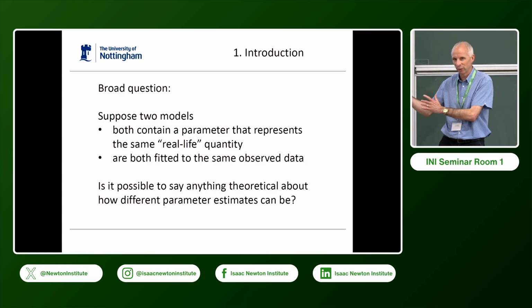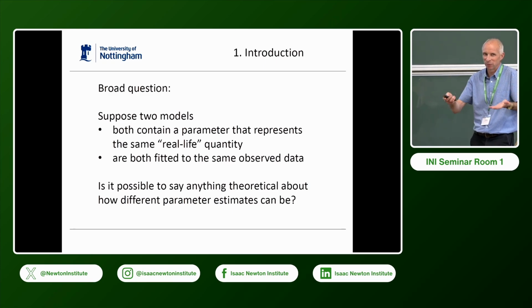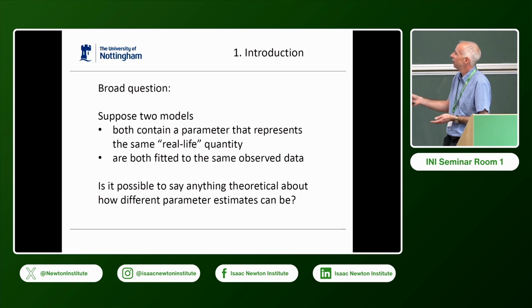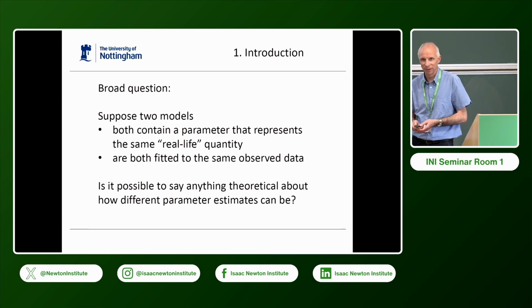I'm not claiming that R is a real life quantity, by the way, but there are such things that you might think of as something you can measure in real life. And then these two models are both fitted to the same observed data. So different models, same data. The theoretical question I think is interesting is to say how different could the estimates be in this situation.